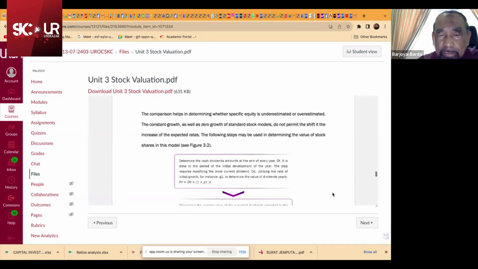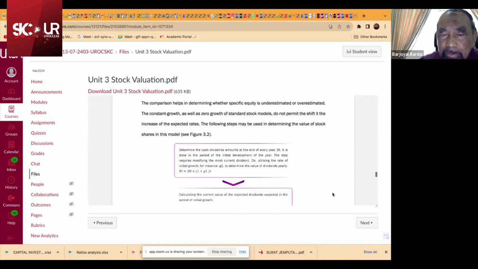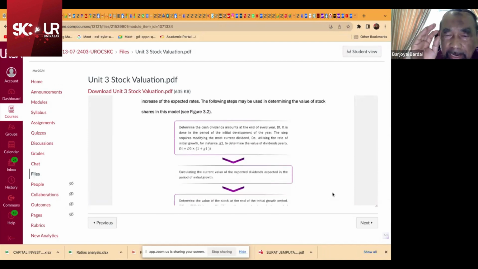Constant growth as well as zero growth standard stock models do not permit a shift in the expected growth rate. So these are the steps used in determining the value of the share.